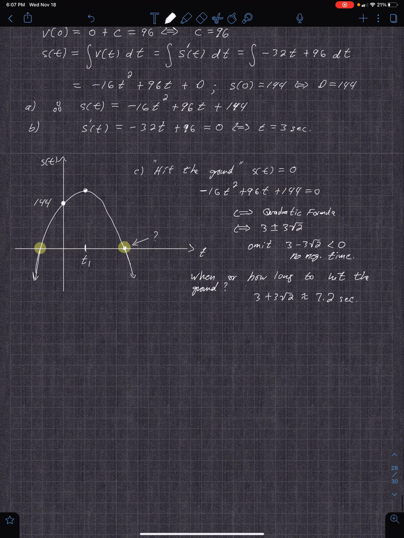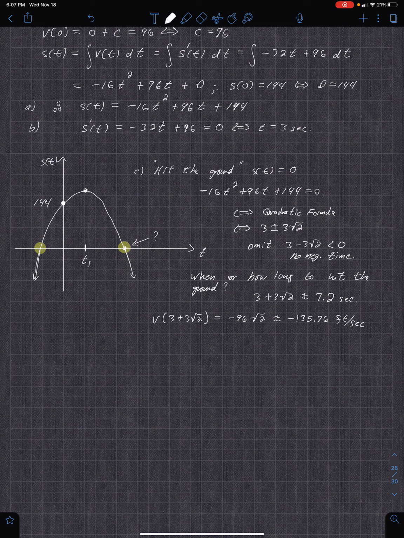And then how fast is your velocity? So v of 3 plus 3 root 2 is going to be negative 96 root 2, I did this calculation earlier, so that's approximately negative 135.76 feet per second.